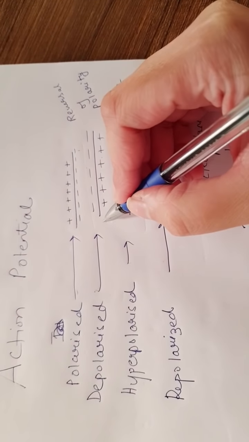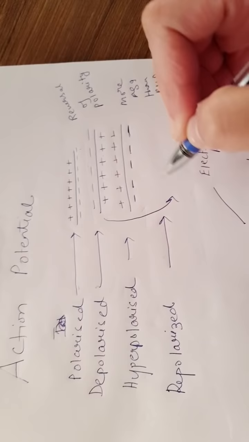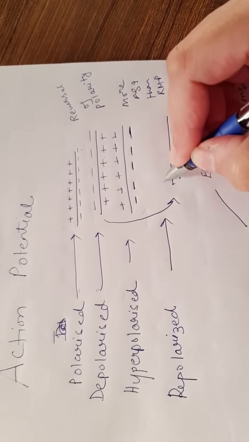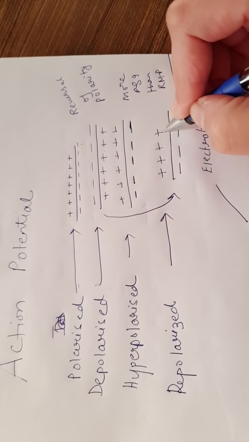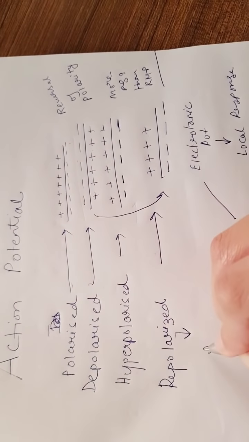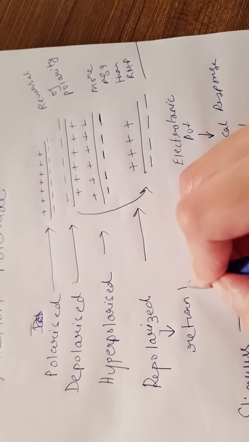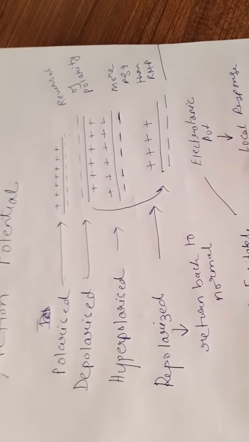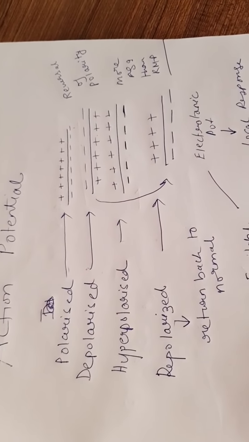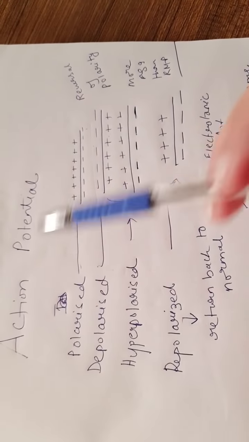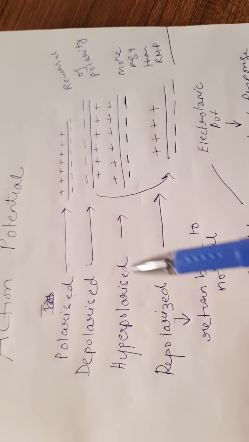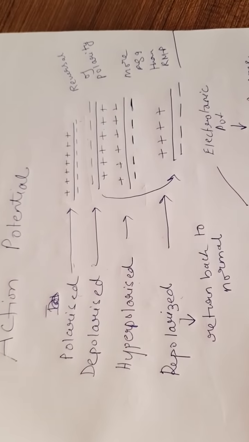Repolarization is when this depolarized cell returns back to the normal resting state. So repolarization is return back to normal. So you understood in very simple terms, a very simple concept, what is polarized, what is depolarized, what is hyperpolarized, and what is repolarized. Okay.